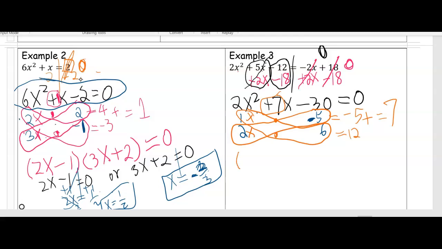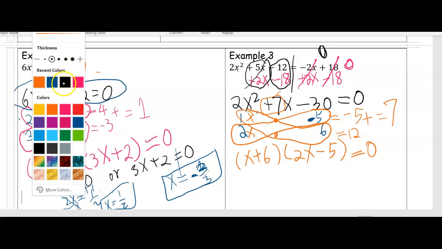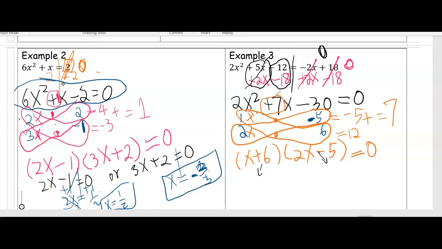Okay? So you have x positive 6 or 2x negative 5 equals 0. Okay? And then you're going to turn the two little factors or two parentheses into two equations. And solve each of them.